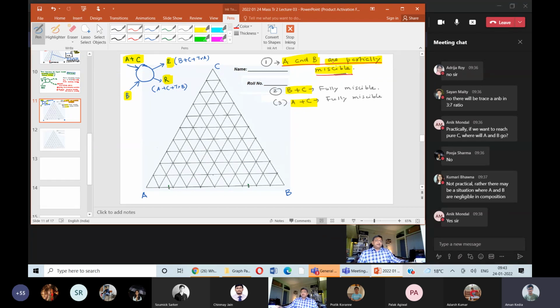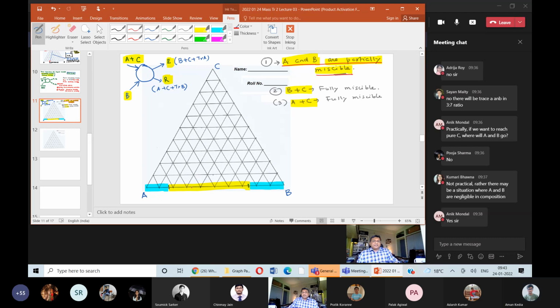So on the line AB, this region is the immiscible range, and these two regions are the miscible range. Of course, this is at a particular temperature.